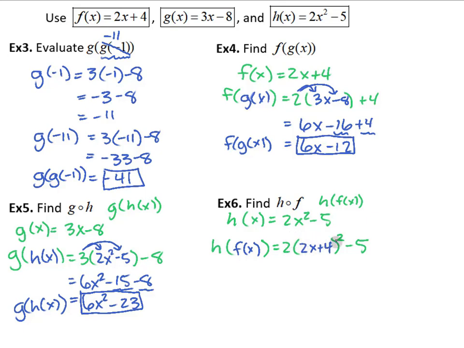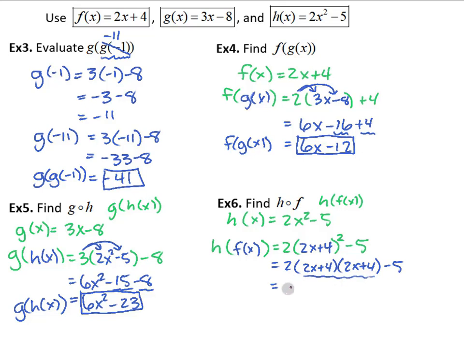Okay, now this time I cannot distribute my 2 first. Remember, order of operations, I need to evaluate my exponent. And of course, 2x plus 4 squared means times itself twice. So I'm actually going to write that out. So I've done my exponent, and now we have a lot of multiplication to do here. When you multiply things, you can do them in any order. So you can multiply these three in any order.